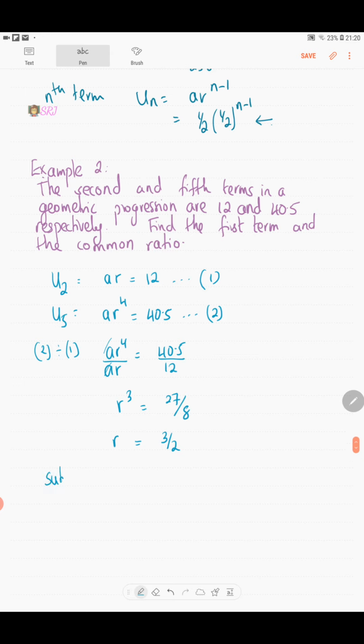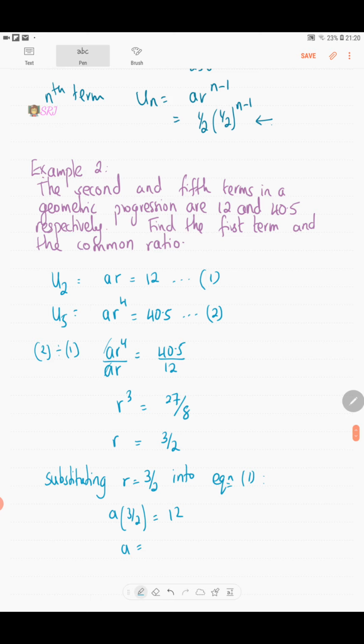Next, we substitute r by 3 over 2 into equation 1. We obtain a as, so we have a times 3 over 2 is equal to 12.